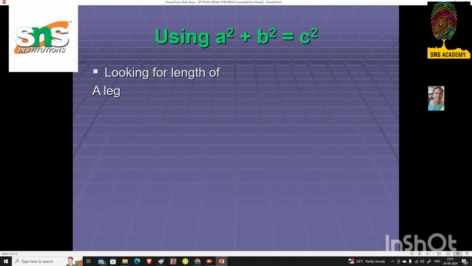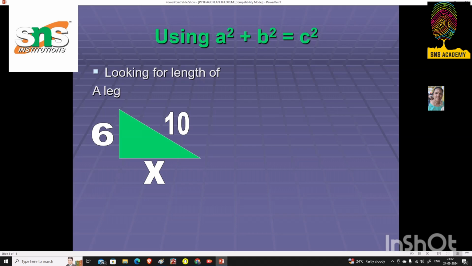So in the previous problem we found the measurement of the hypotenuse. Here the hypotenuse is given, the height of a right angle triangle is given, but the base is missing. But same formula, Pythagoras theorem: the hypotenuse square is equal to the sum of the squares of the remaining two sides.